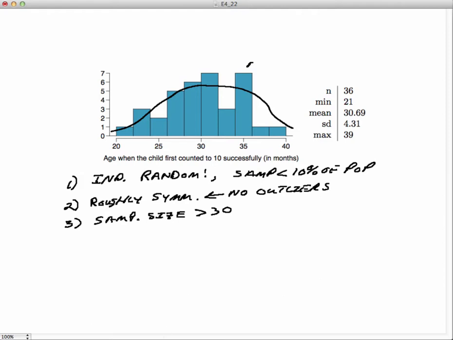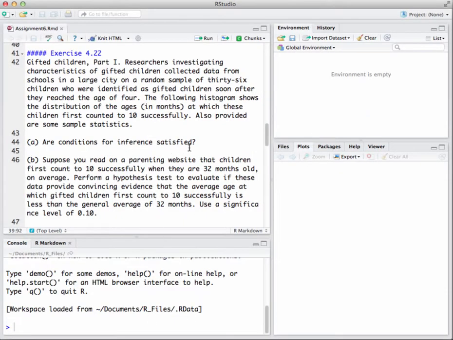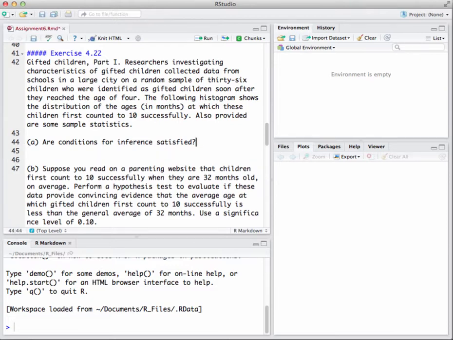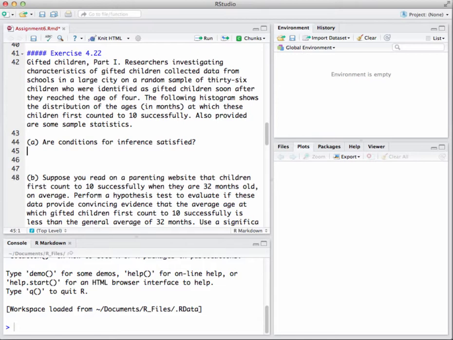Okay, cool. All right, so let's go back and let's type that up into our R script here. Excuse me, our markdown file. So are the conditions of inference satisfied? And we would say yes. Sample is large, greater than 30.